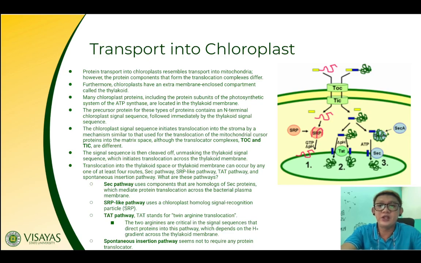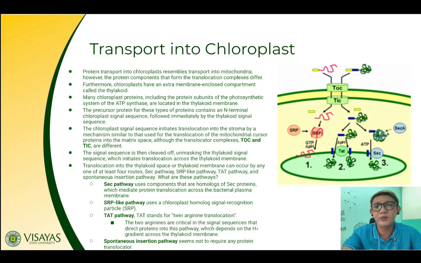However, the protein components that form the translocation complexes differ. Also, chloroplasts have an extra membrane-enclosed compartment which is called the thylakoid. So aside from the outer and the inner membrane, it also has its own membrane in the thylakoid. Many chloroplast proteins, including protein subunits in the photosynthetic system and the ATP synthase, are located in the thylakoid membrane.